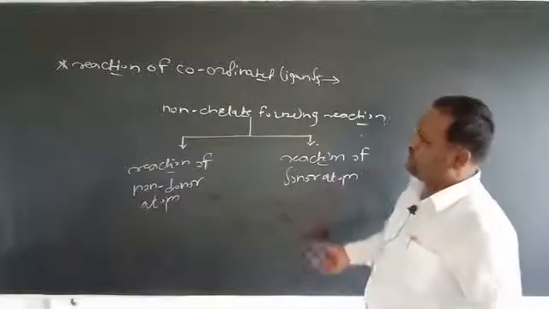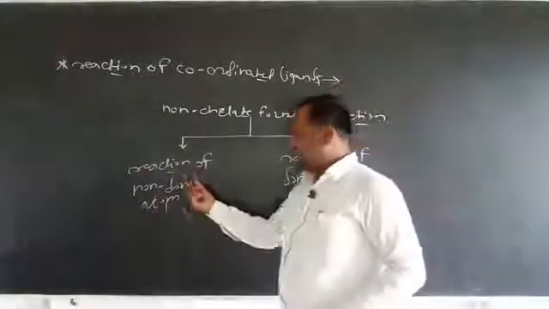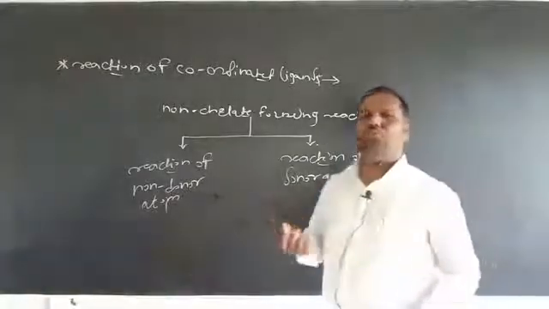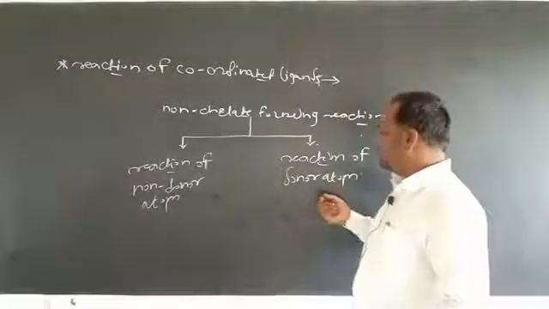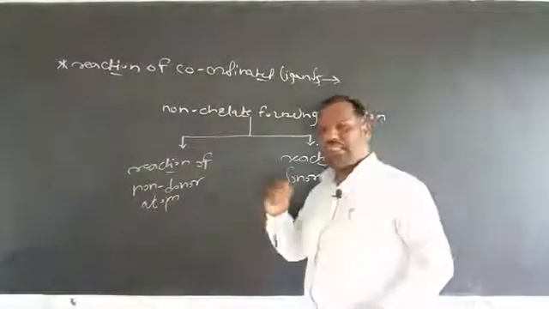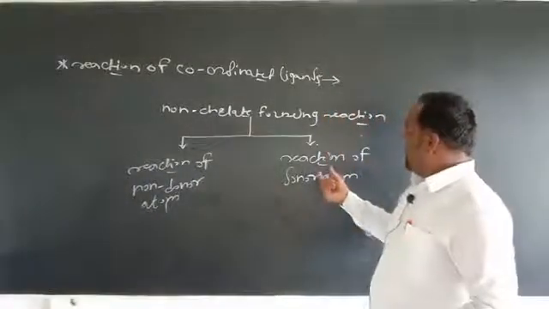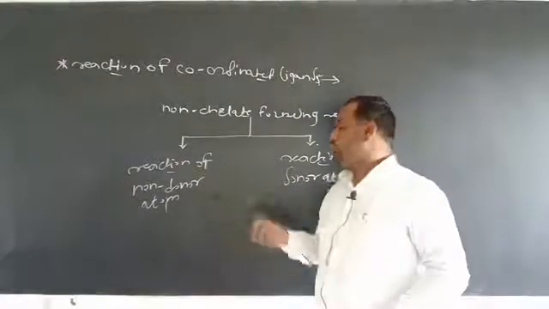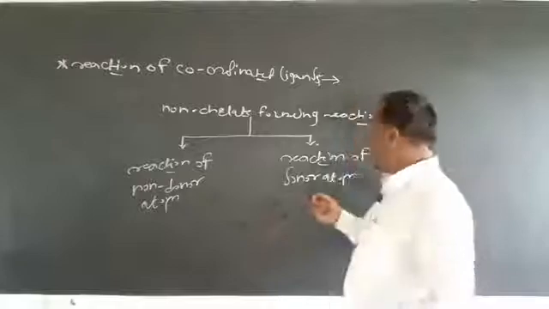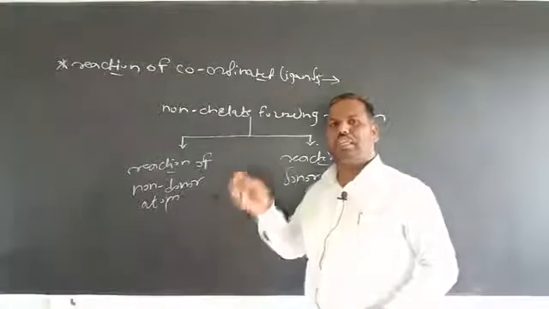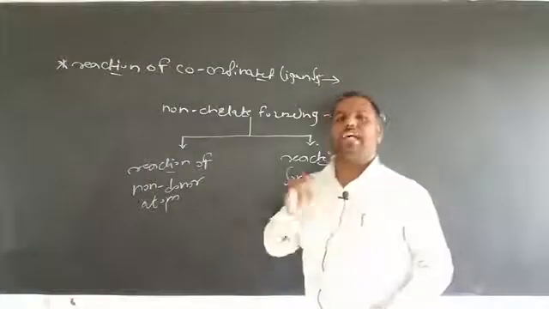So, what is the difference between donor atoms and non-donor atoms? Generally, a donor atom has a lone pair of electrons, so it can donate electrons. No doubt both types of ligands donate electrons, but reactions of donor atoms means they have lone pairs. The ligands which contain a lone pair, such as ammonia and water, are considered donor atoms, as they contain a lone pair on nitrogen and oxygen.